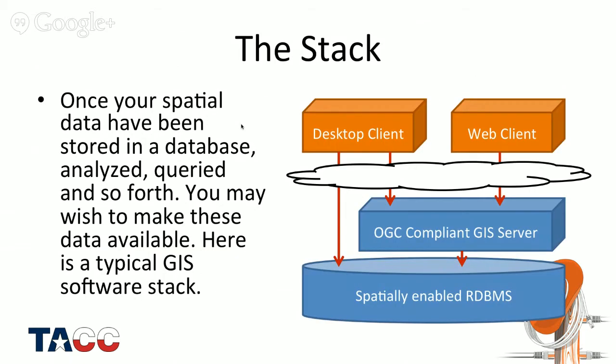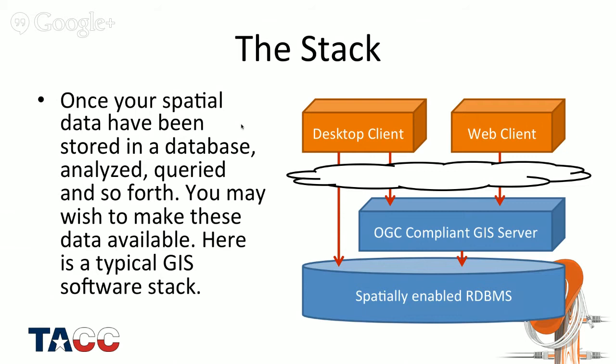So there's a whole stack associated with these things that typically you're going to use if you want to do things like display maps, work with maps, in addition to just the raw spatial data. You'll want to have these kinds of tools on top of the database. OGC is a geospatial international consortium that defines standards around these things.